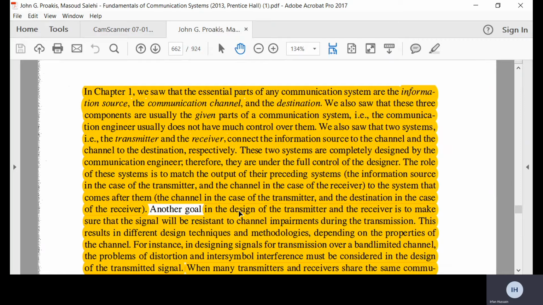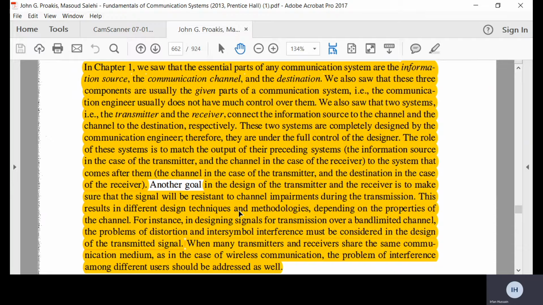Another design goal is that we know that we have channel impairments, and we just saw in the last chapter that we have band limited LTI channels. So we have ISI, and we also have time varying channels, and they also cause ISI as well as other fading effects.